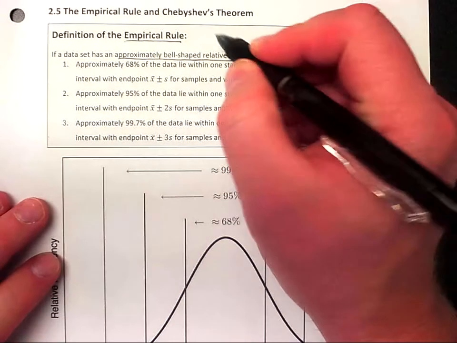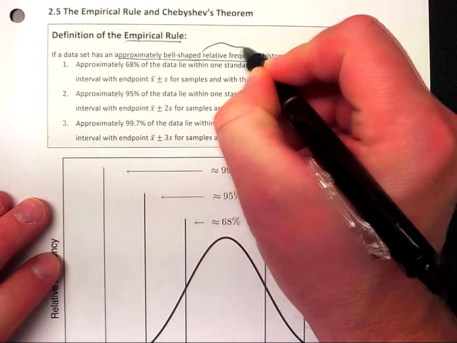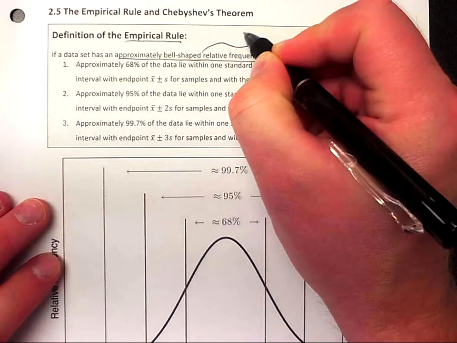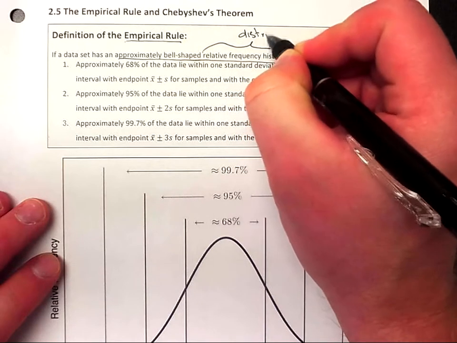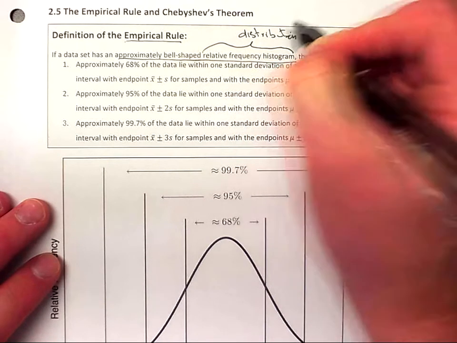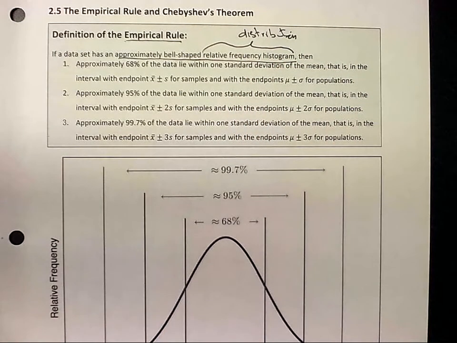Remember that we said a relative frequency histogram is a type of distribution, and that's the stuff we explained with the whole Connect 4, dropping chips down the chutes, right? Is everybody good with that?